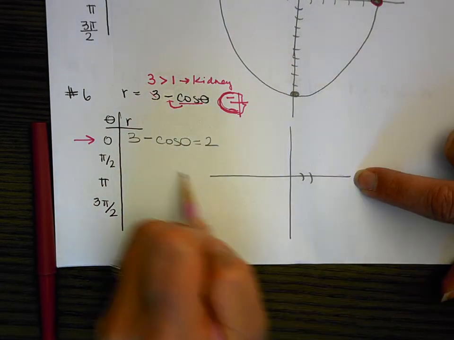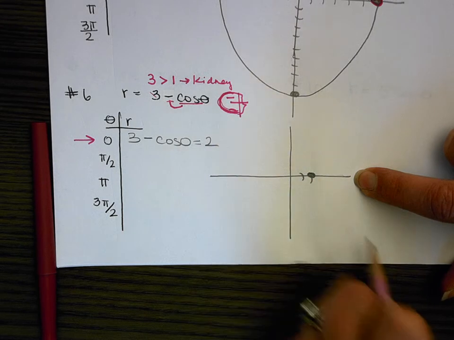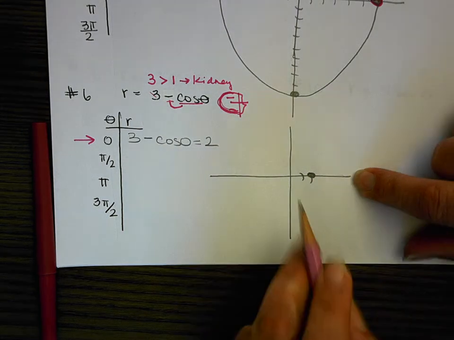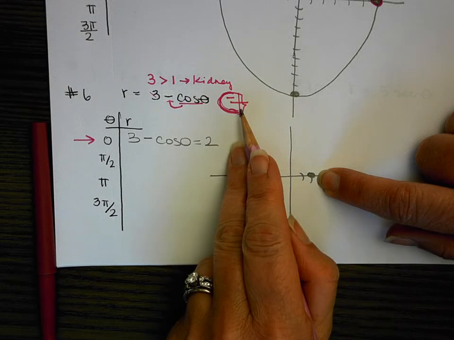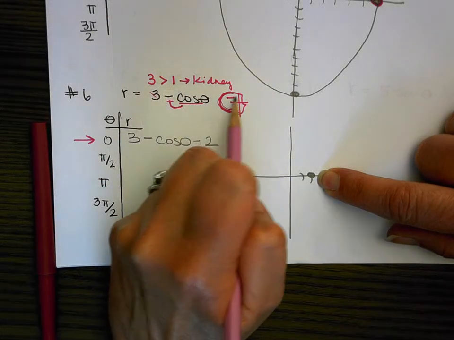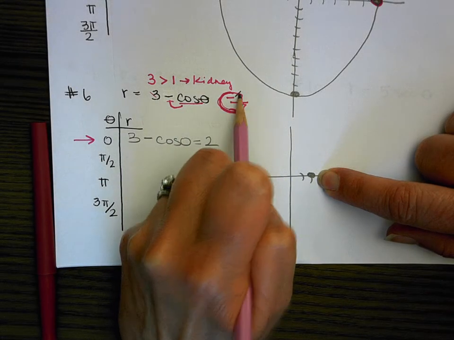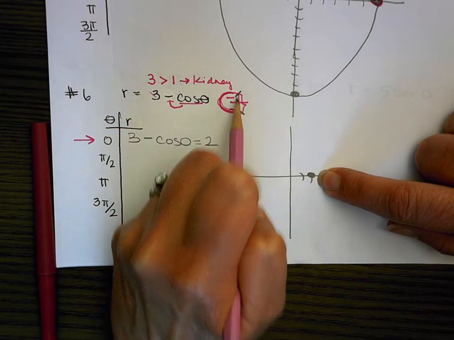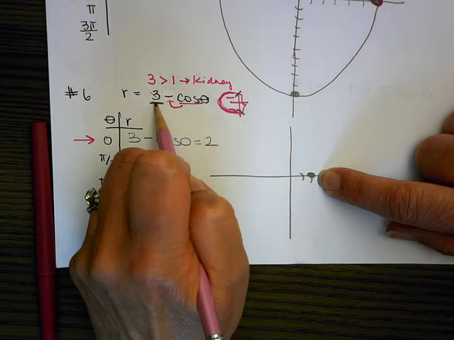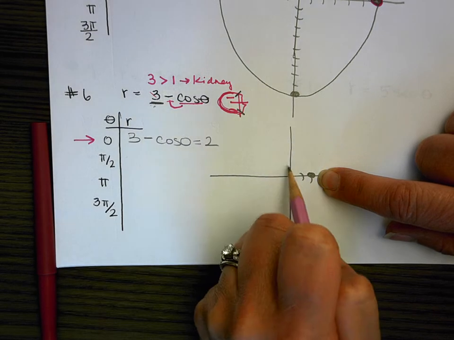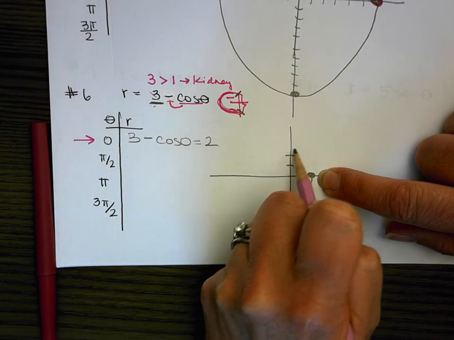So at 0, I'm going to go 2 units, so that would be right there. I just found the divot, that's what I found right here. Now let's take a look at graphing here. My shoulders, these points right here, are going to be on the vertical line, and that would be at my A value. My shoulders are always at that constant, that A value. So 1, 2, 3.